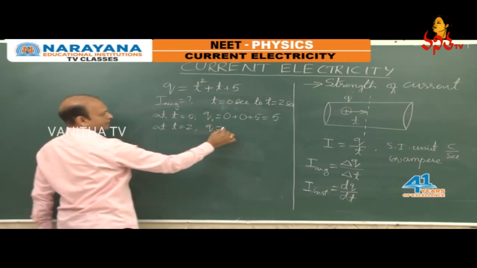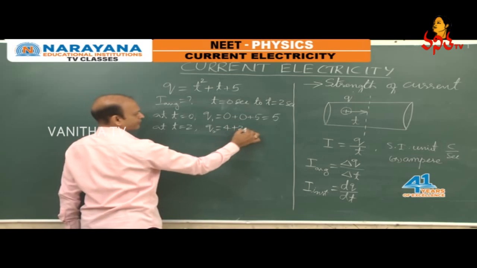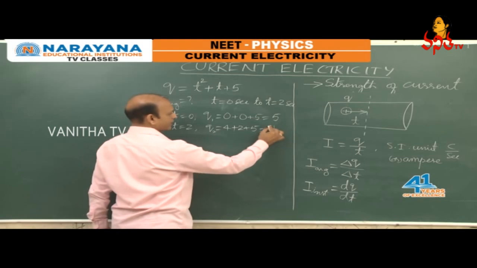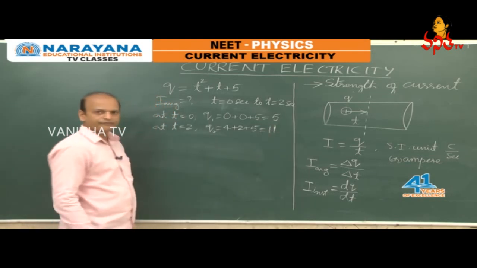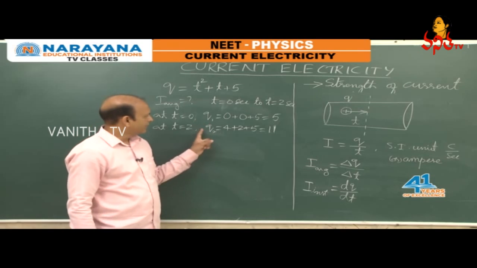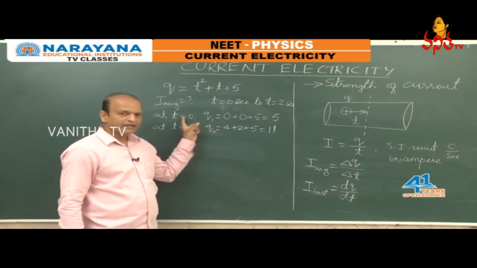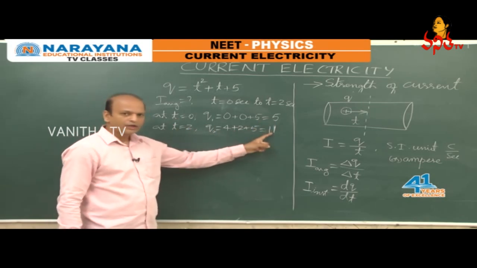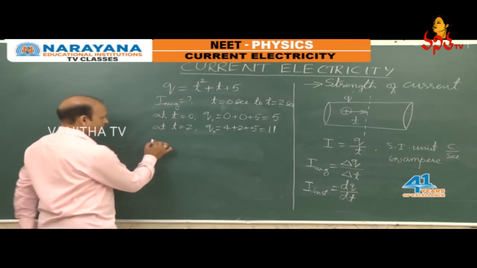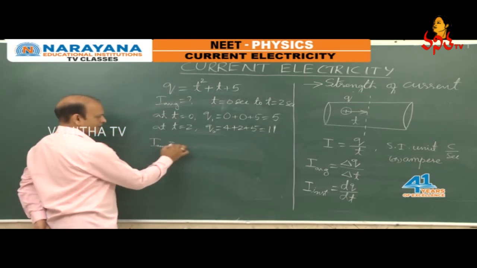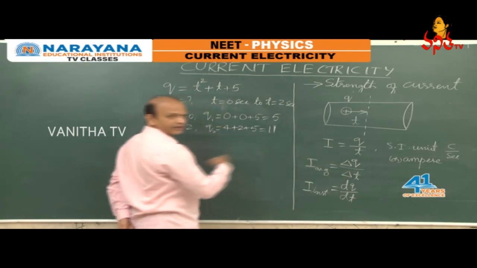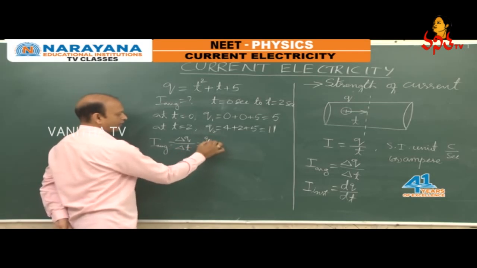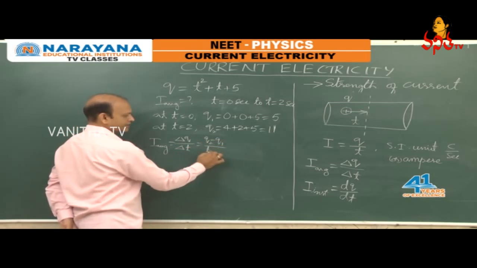So 2 square is 4 plus 2 plus 5, that will be 11 coulomb charge. At t equal to 0 moment, 5 coulomb was passing, at t equal to 2 second, 11 coulomb is passing, then the average current is defined as delta q by delta t, or q2 minus q1 by t2 minus t1.